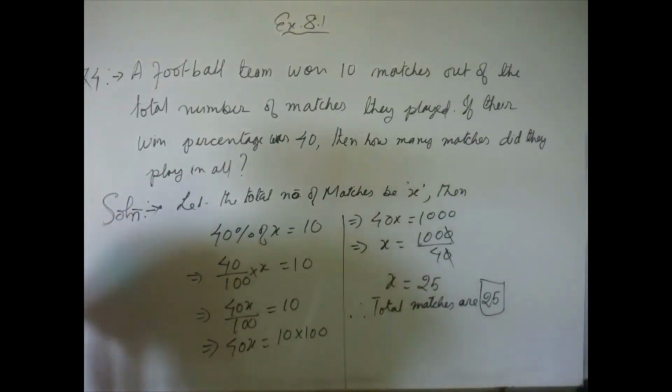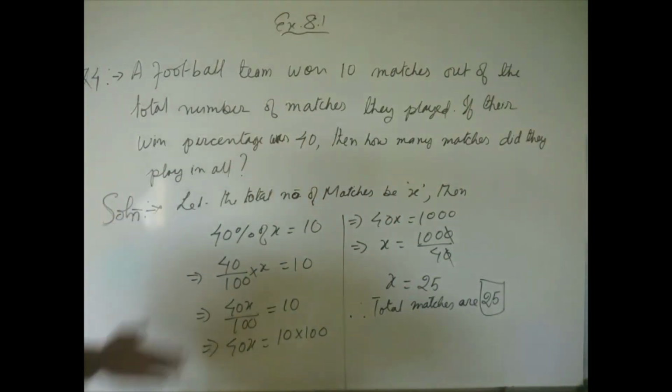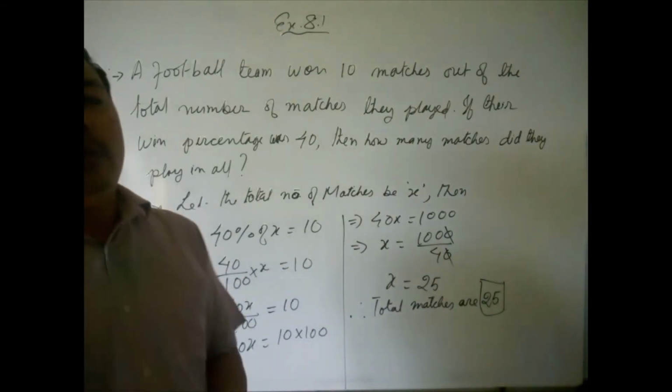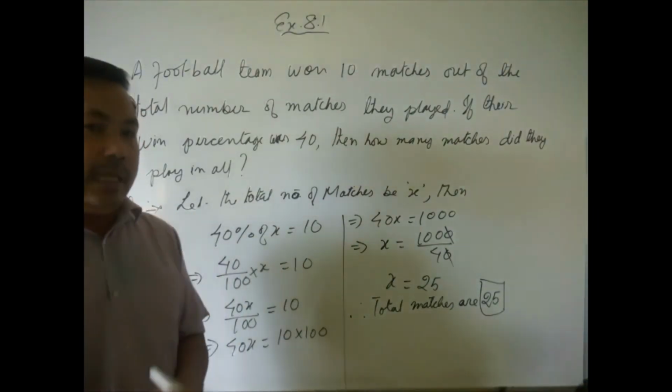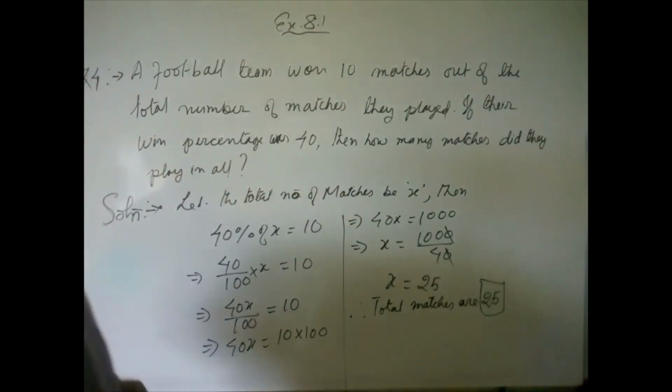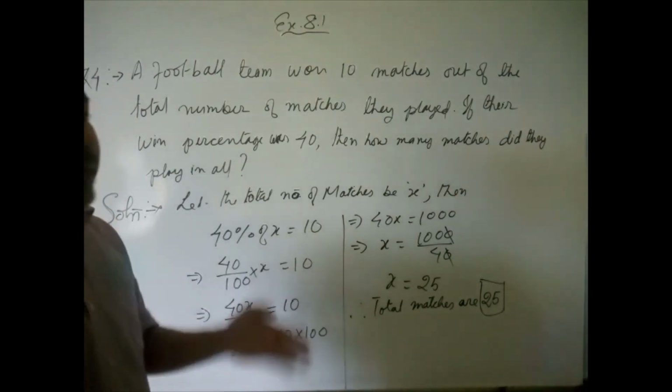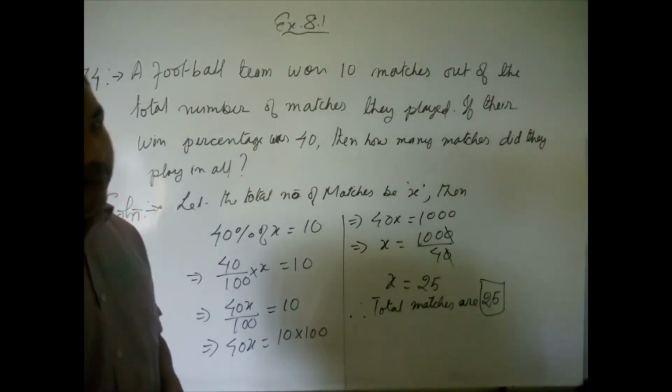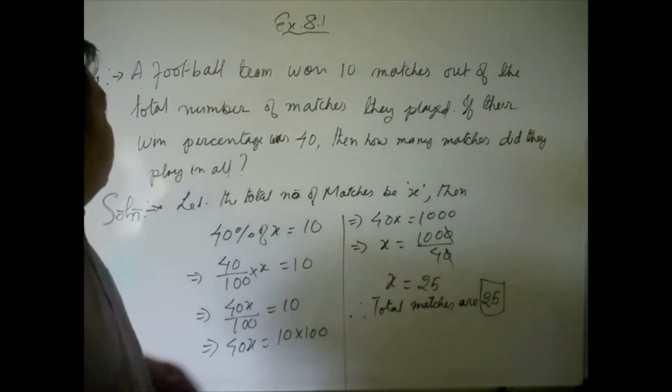There are 25 matches that were played and they won only 10 out of this. This is what the answer is. Okay, clear? So please take this and please note down in your copy as your note to be prepared by yourself. Thank you, and let's go to the next question.